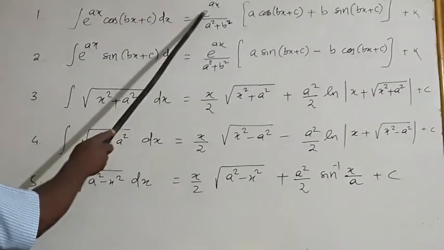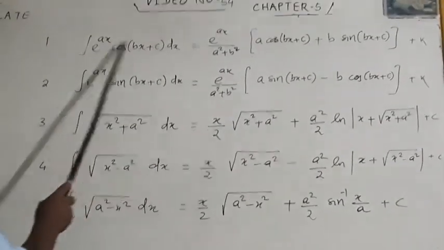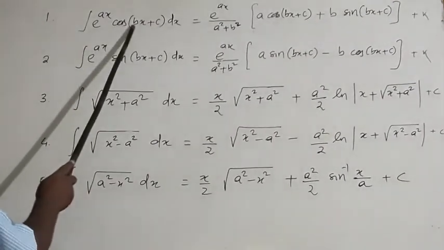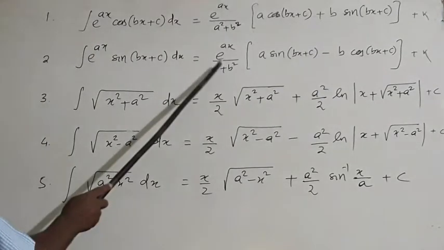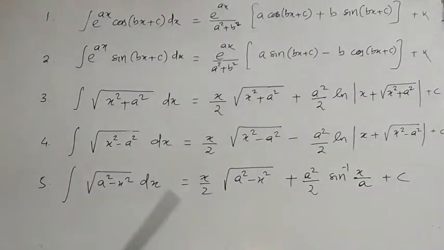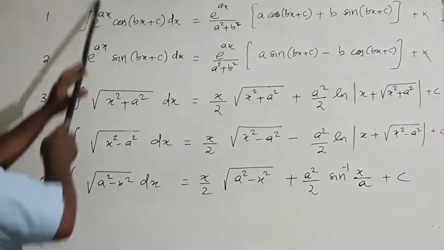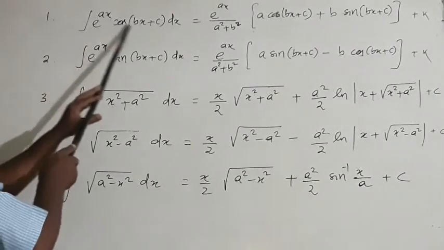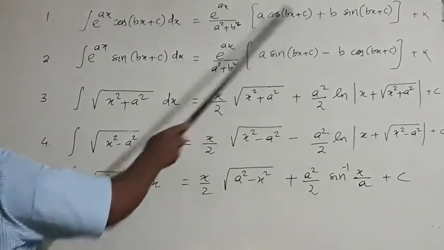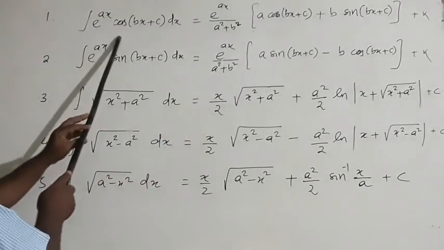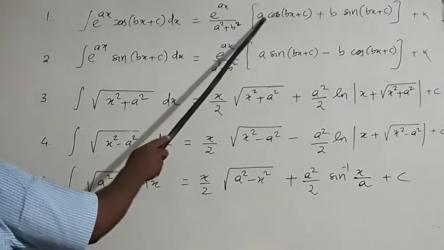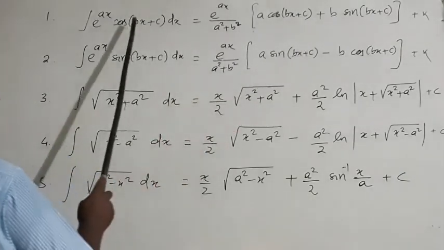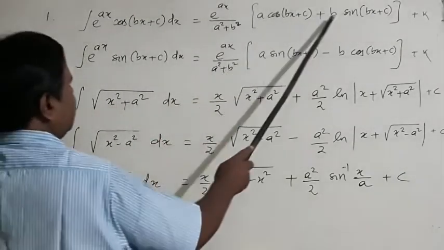First take e to the power ax, divided by a square plus b square, in both places. Then take a cos bx plus, similarly take a sin bx plus. Now if it is a, then it is b.